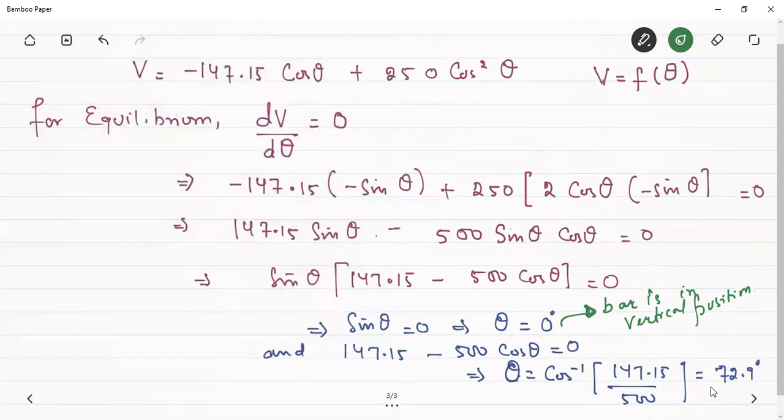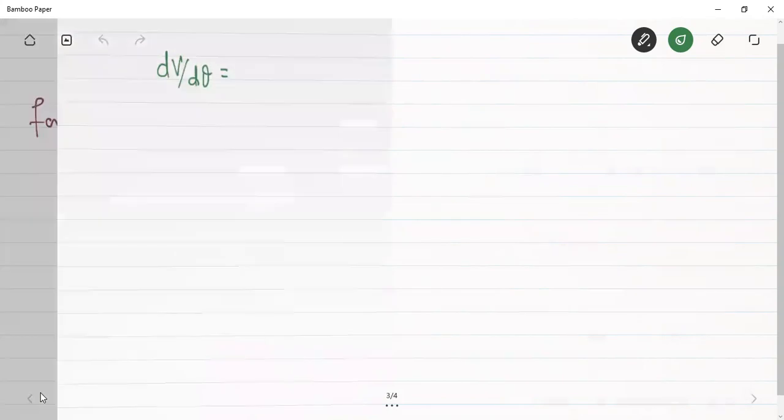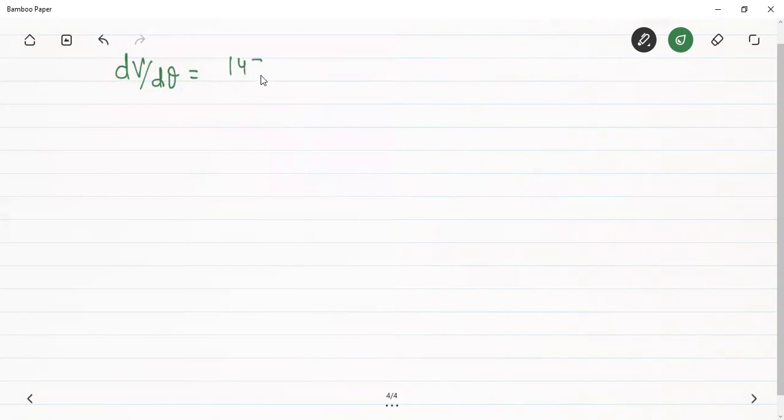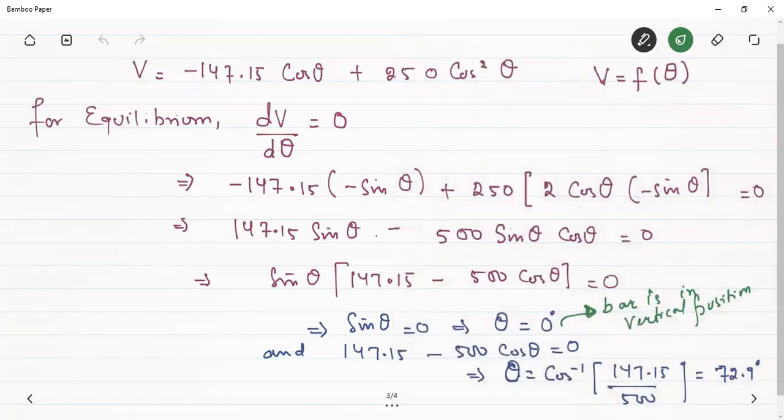Okay. Now what type of equilibrium does theta is equal to 0 represent, and what type of equilibrium theta is equal to 72.9 degrees represent? That can be found out when we take the second derivative of this function. Okay. So I can write the function again, dV by d theta is equal to 147.15 sine theta. Further, we have minus 500 sine theta cos theta.